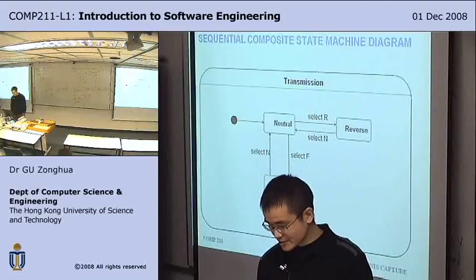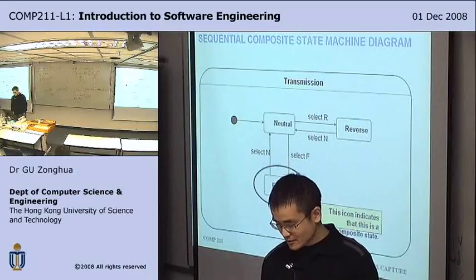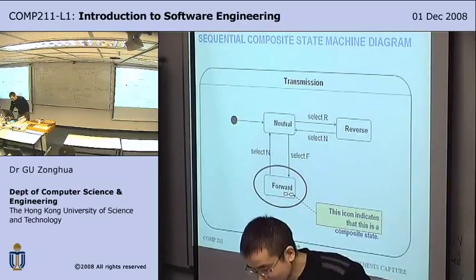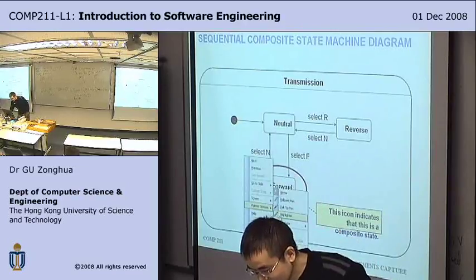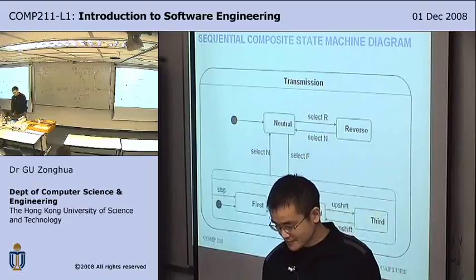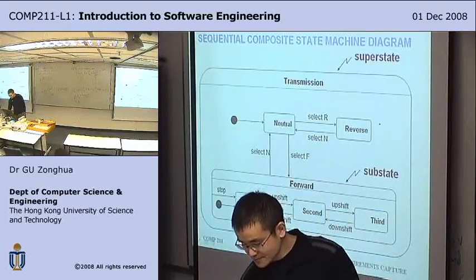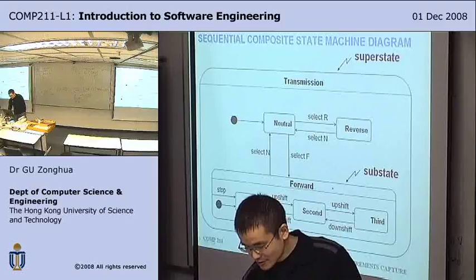So state machine. This is the composite state machine. This little icon here means that you have another state machine inside of it. So you have superstate and substate.